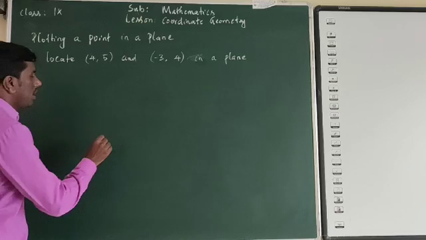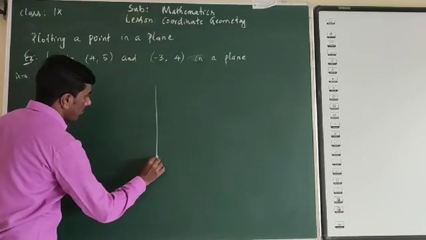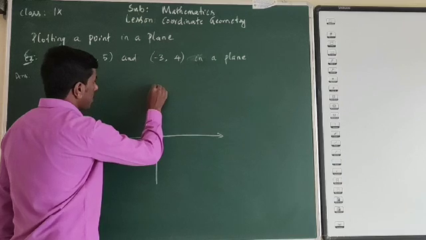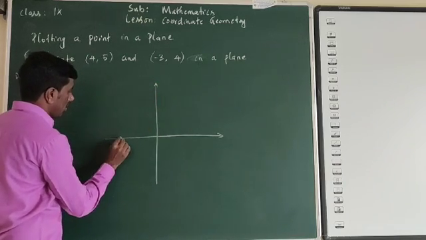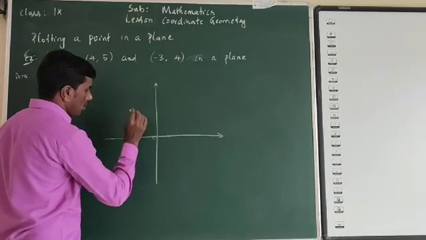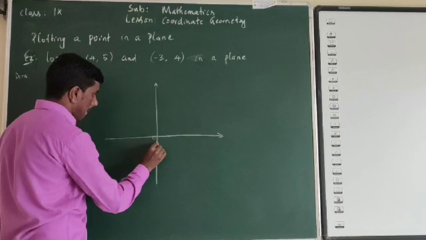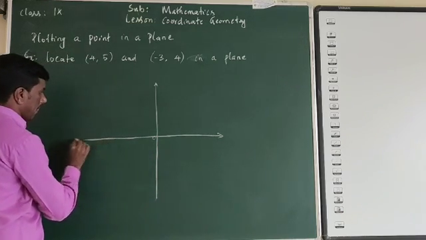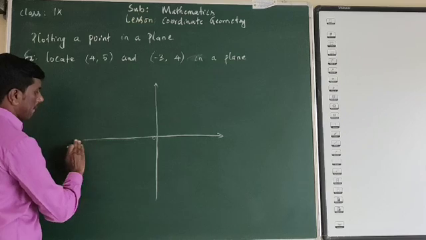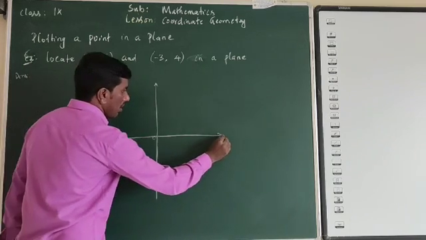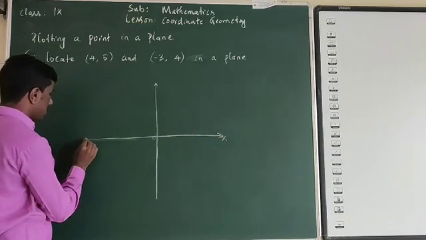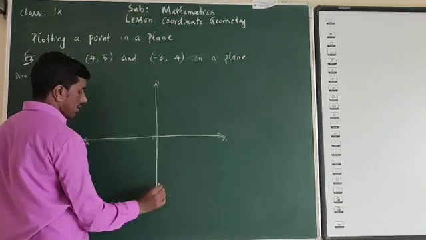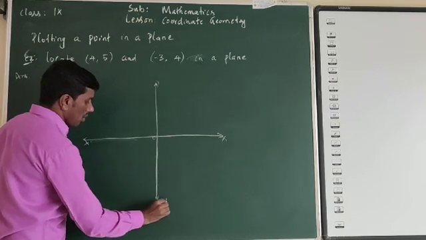Again we need an underline. I'm sorry, not an underline. We need the coordinate system. Okay. So this is the positive x-axis, this is the negative x-axis, this is the positive y-axis, and this is the negative y-axis.